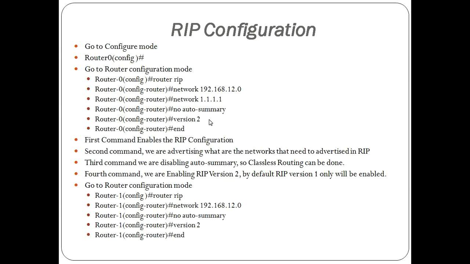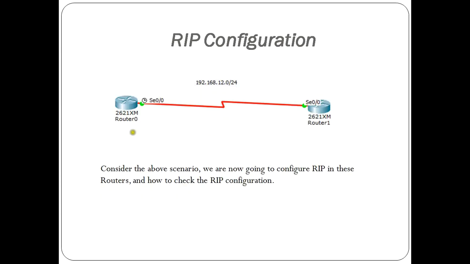To put it more simply, just consider this network. I have created one loopback 1.1.1.1 and advertised these two interfaces, the loopback interface and the serial interface, in RIP, and I have configured version 2 and disabled auto summary on router 0.